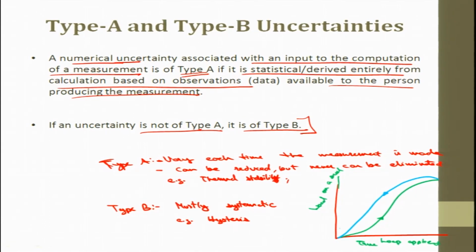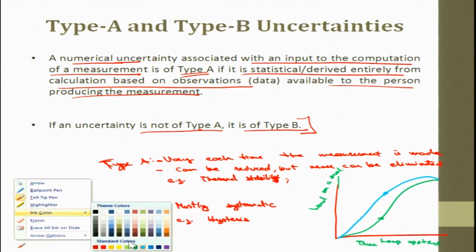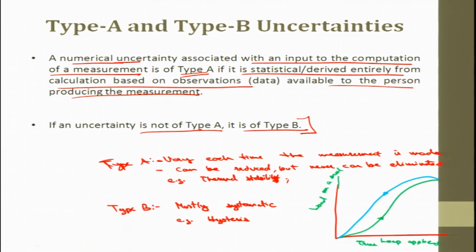If I put a line here, mechanical people would appreciate it in a better way. If I put a line here and if I see the values at the true load applied, so a load increasing and decreasing, these values are different. This is for decreasing and this is for increasing.